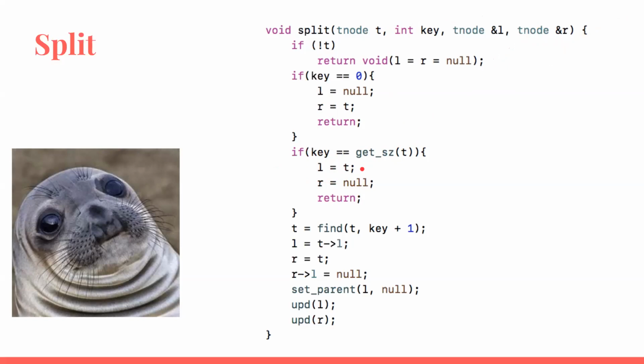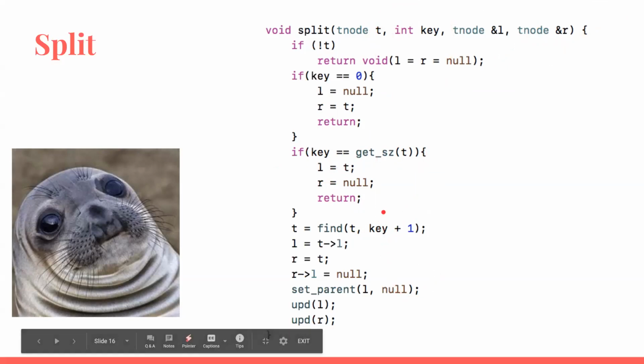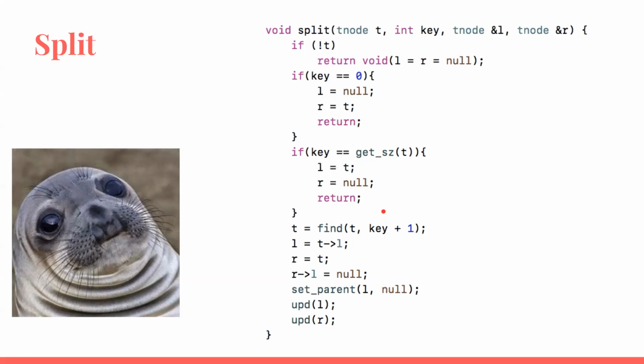Otherwise, we want to find the vertex that will split T into 2 parts. The left one where all the elements are smaller than, so here in find, we want to find key plus first element.